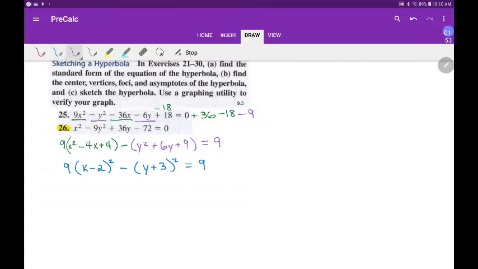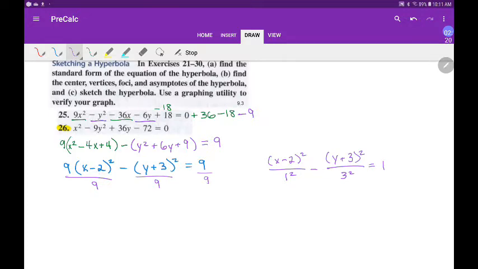Then I'm going to divide everything by 9, and I will get x minus 2 squared over 1 squared, minus y plus 3 squared over 3 squared is equal to 1.